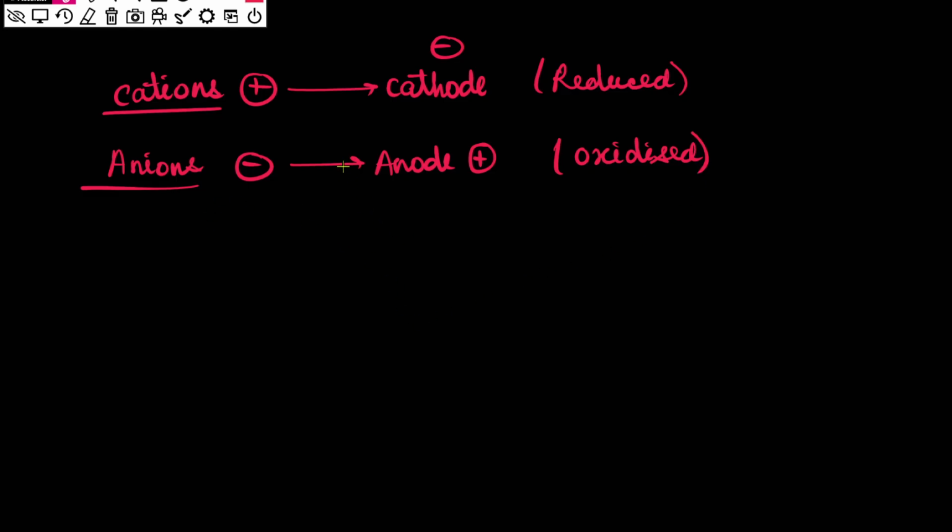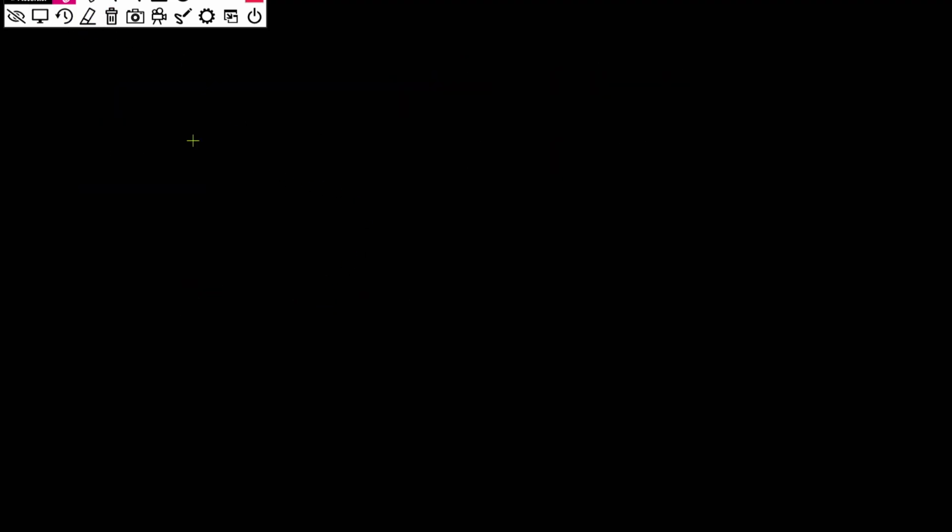What I mean to say is, suppose we talk about cations. Let's say this is one cation. As soon as it moves to its respective electrode, it will get one electron. I'll draw it again. This is my cation. It is now receiving one electron and then it will be reduced.